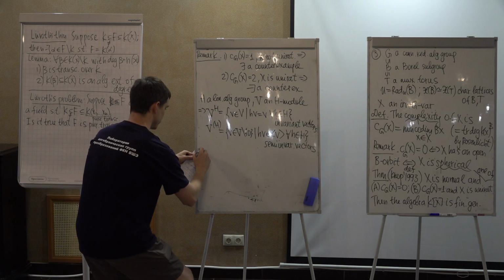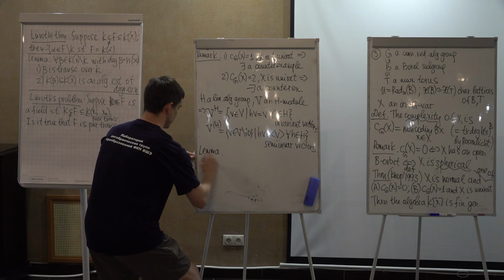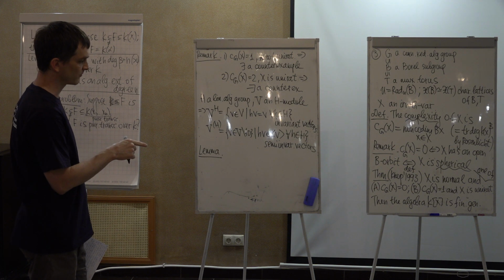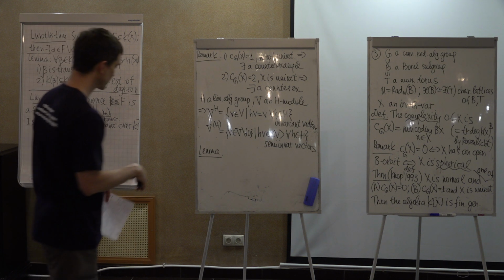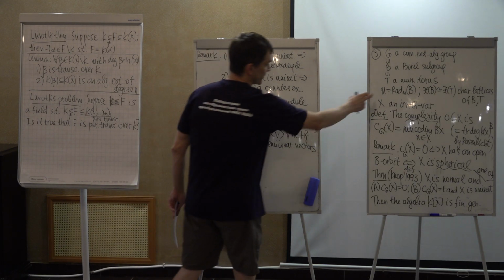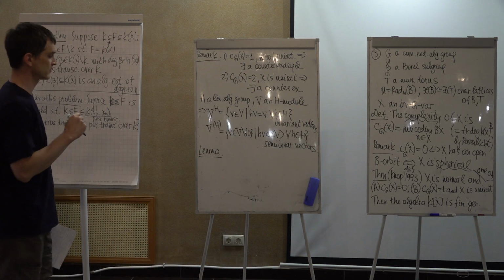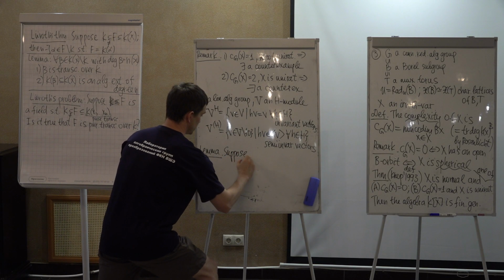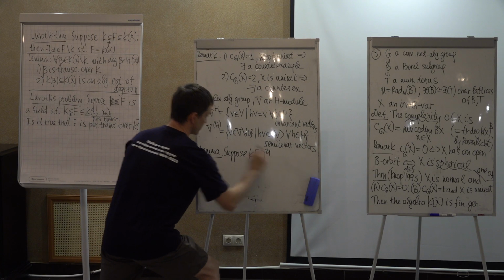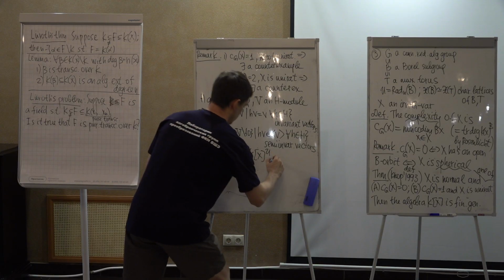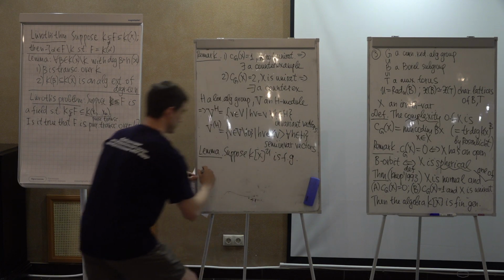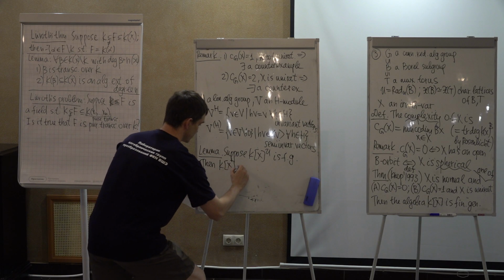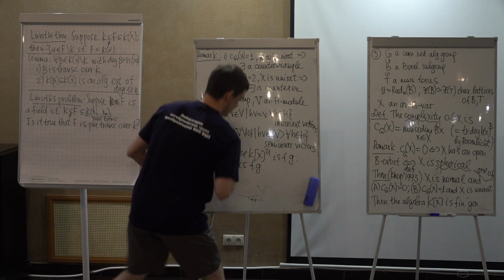Now the lemma. This lemma says that it's enough to prove the theorem for a subalgebra. Recall that we have this maximal unipotent subgroup U. Suppose that k[X]^U, the algebra of U-invariants, is finitely generated. Then the algebra of regular functions itself is also finitely generated.